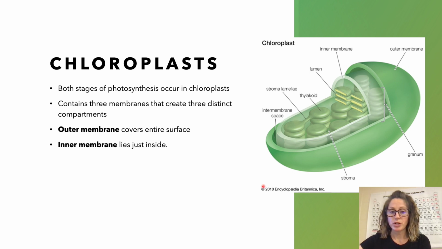So we have here the structure of a chloroplast, and in a single cell we have a lot of chloroplasts. So don't be mistaken by thinking there's just one chloroplast doing all of the work. Both stages of photosynthesis, the light-dependent and light-independent reactions, occur in the chloroplast.